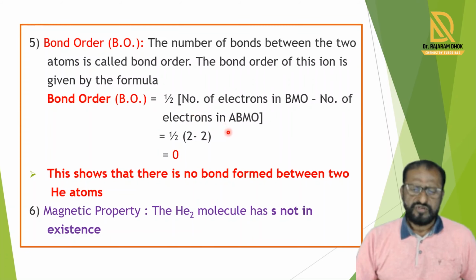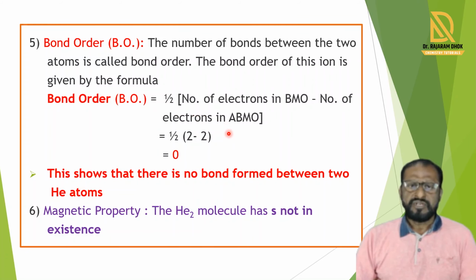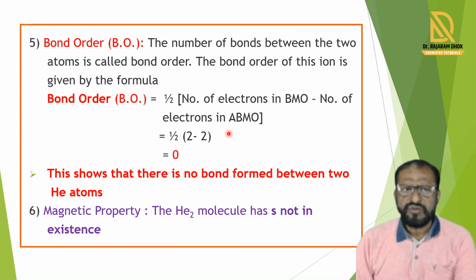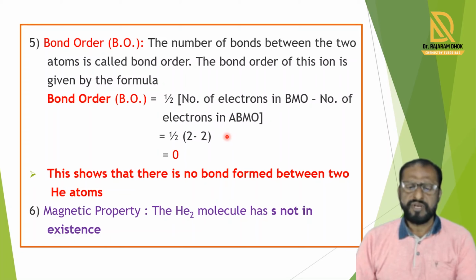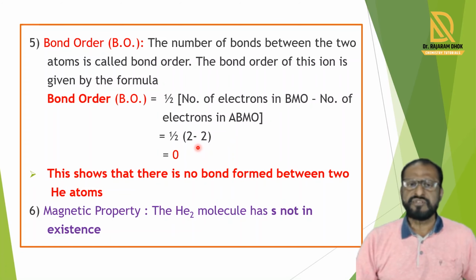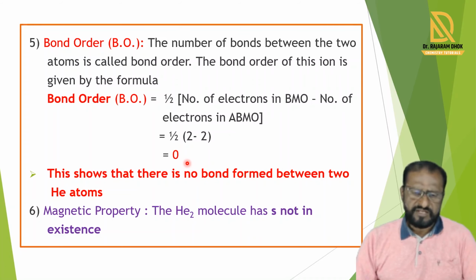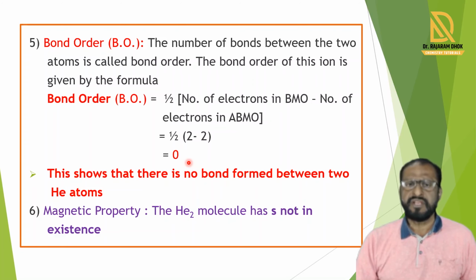The number of electrons in the bonding molecular orbital is 2, and the number in the anti-bonding molecular orbital is 2. So 2 minus 2 is 0, divided by 2, so the value obtained is 0. This 0 bond order shows that no bond is formed between the two helium atoms, and the He2 molecule is not possible.